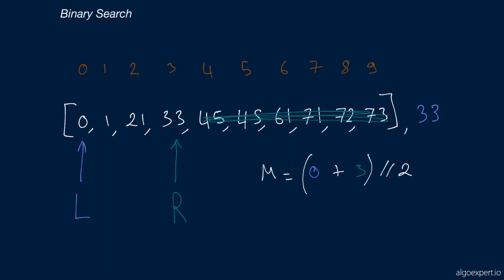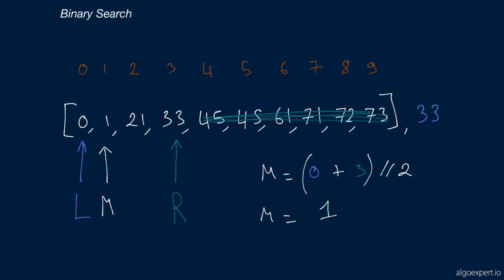So 0 plus 3 divided by 2 is 1.5, rounded down is 1. Our middle pointer is now going to point to index 1, which happens to have the number 1. So we compare the number 1, which is the middle number of our new subarray of 4 numbers, to 33, our target number. 1 is not equal to 33, so we're not done. We have to keep looking.